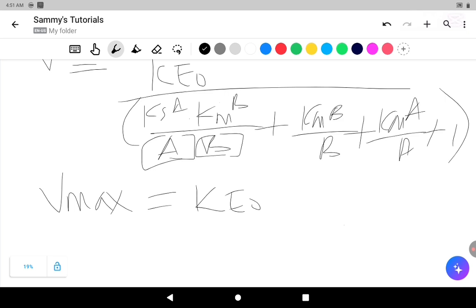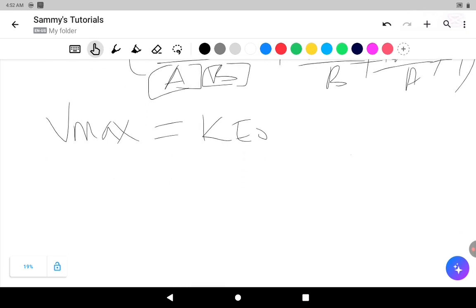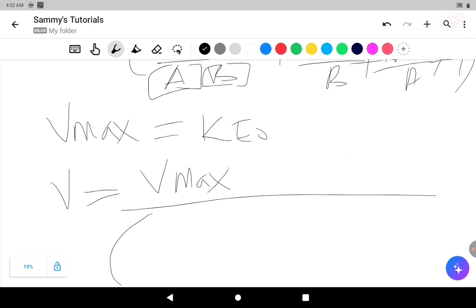Replace this KE naught with V max, because V max is equals to KE naught. So you see that we are done with the 3 reference equations. Alright? So what you now have is this, okay? As the final equation for your rate equation is that you have V equals to V max. Are you following?